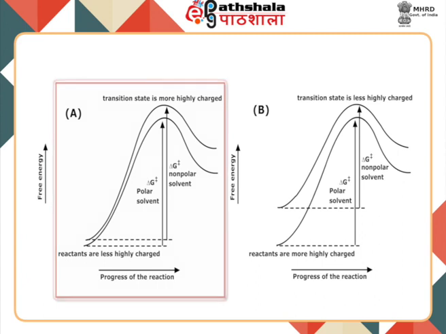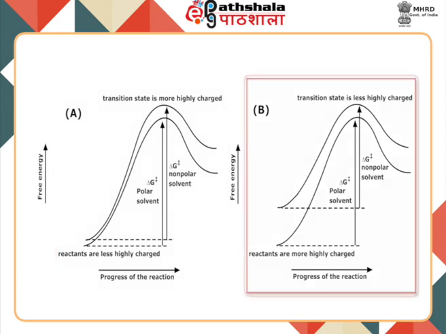As shown in this figure, the free energy versus progress of reaction is plotted. In case A, the transition state is more highly charged and the reactants are less highly charged. In case B, the transition state is less highly charged, whereas the reactants are more highly charged.